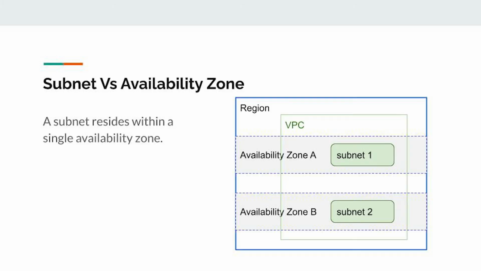Next topic: Subnet versus availability zone. Let's take a look at how a subnet is associated with an availability zone. A subnet exists within an availability zone. It cannot span multiple availability zones. When you create AWS resources, you create them within a subnet.